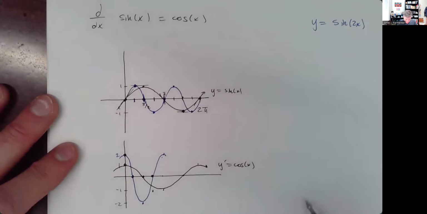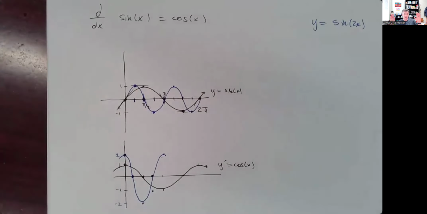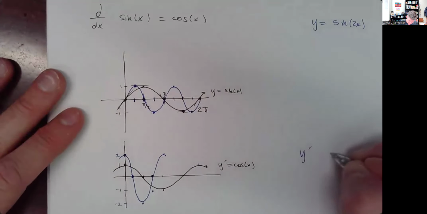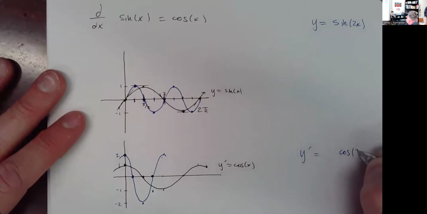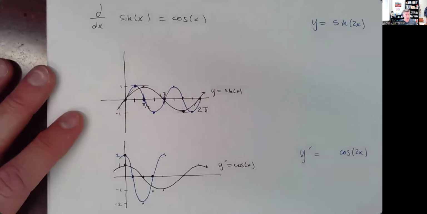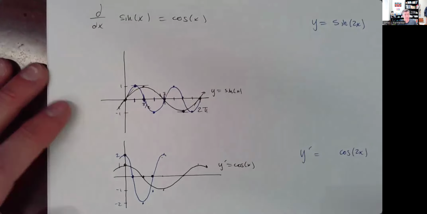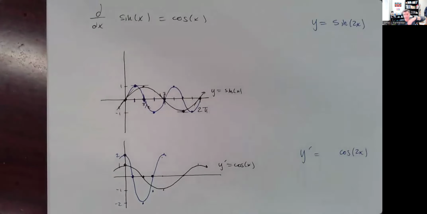It looks like the cosine graph, except it's been smushed in. So I definitely have a cosine of 2x because the period is pi instead of 2 pi. But I have also stretched the graph by a factor of 2 vertically. The amplitude is 2, so I'm going to multiply by 2.